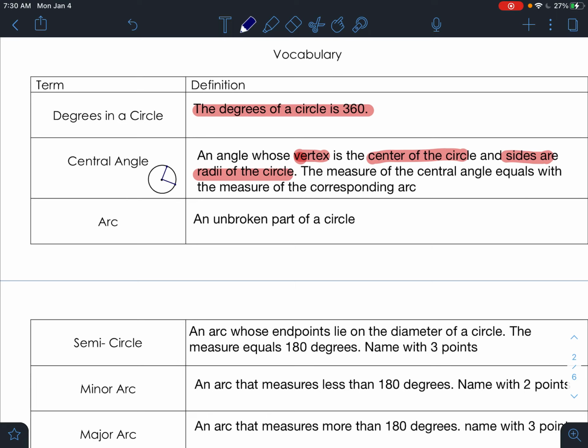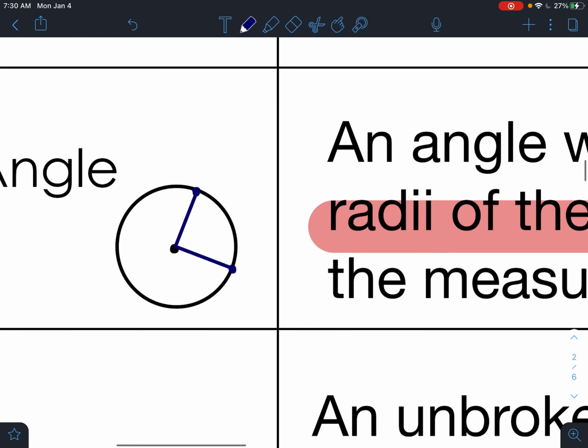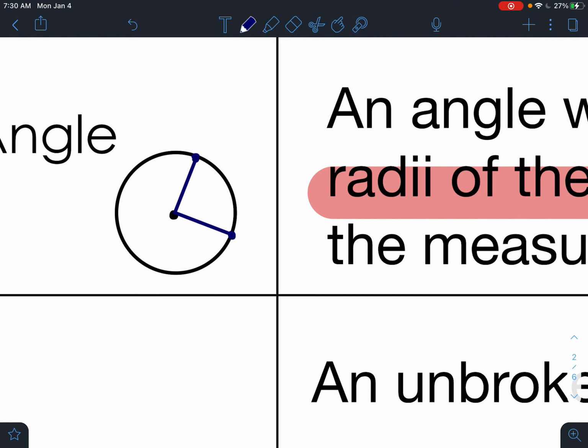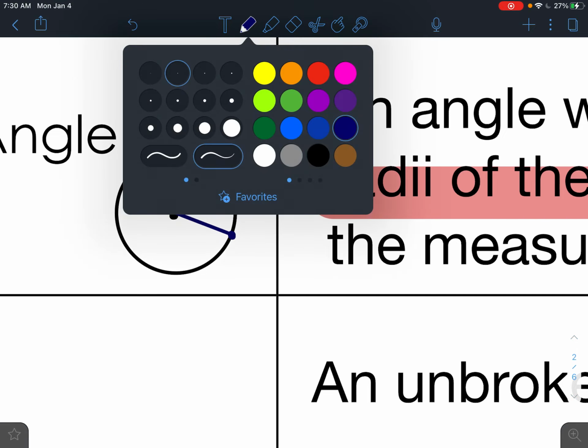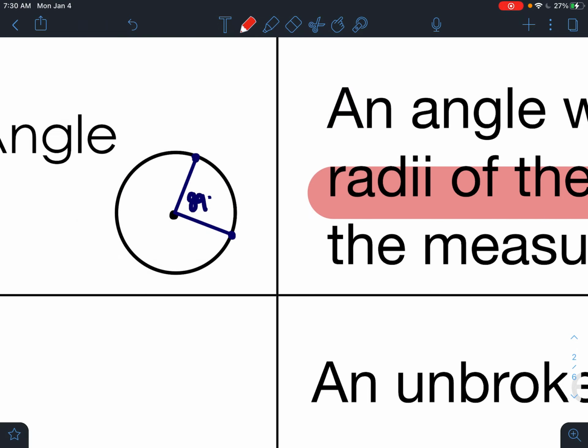Now, it then says that the measure of the central angle has to equal the measure of the corresponding arc, and we'll get to that in a second. But really quickly, let's say this angle right here is 89 degrees. What we're going to be talking about in a second is the arc that it creates, and that arc is going to be this measure right here.